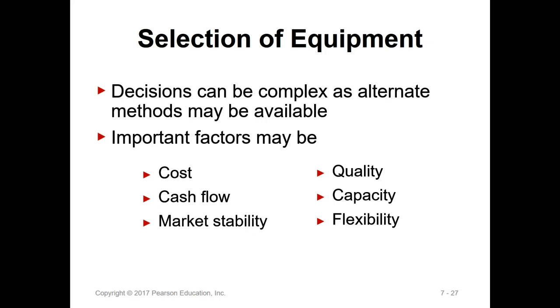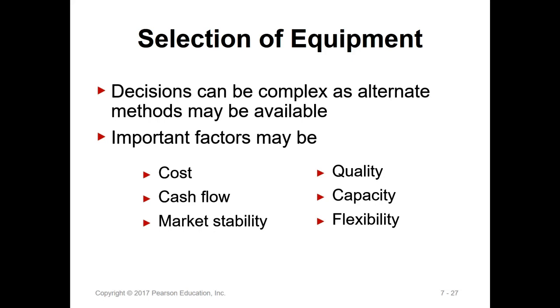So what is the machine cost? A CNC machine and a regular machine, what is the big difference? Is it 10 times the difference or just 3 times the difference? How about the cash flow? Does your company at this moment have enough capital available to invest? Or do you see any marketing potential in the future?